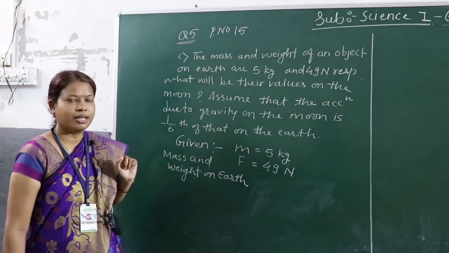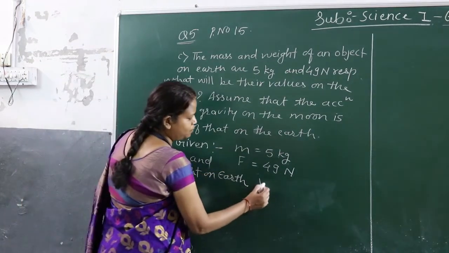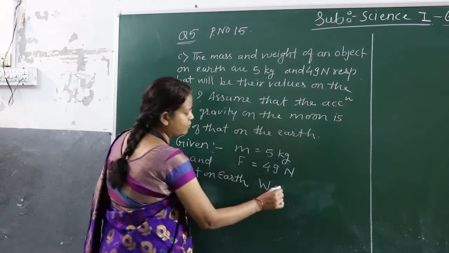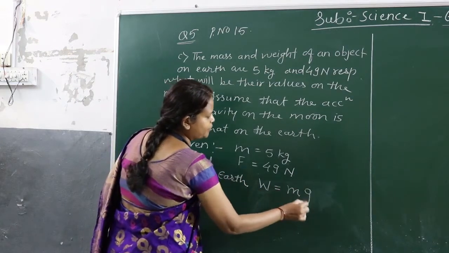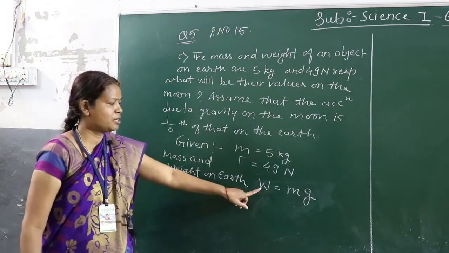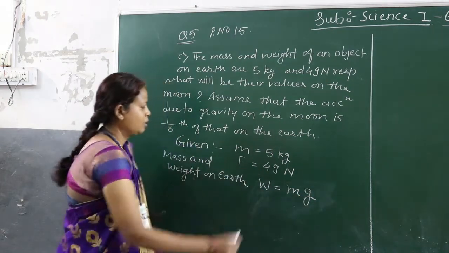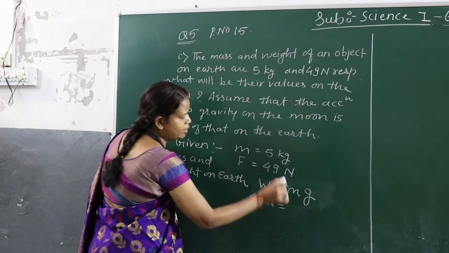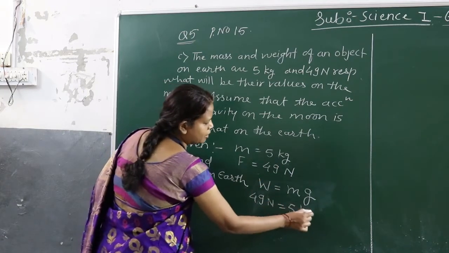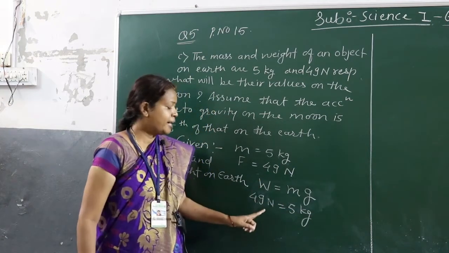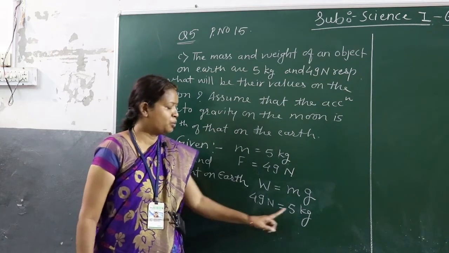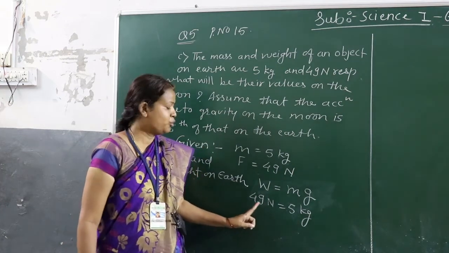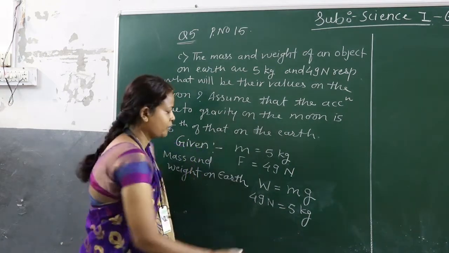What is our formula then? Weight, that is force, is equal to mg. So 49 Newton is equal to mass, given as 5 kg, into g. I am telling you again that if you find it difficult, you need not write the unit; if you do not write it, it is okay.